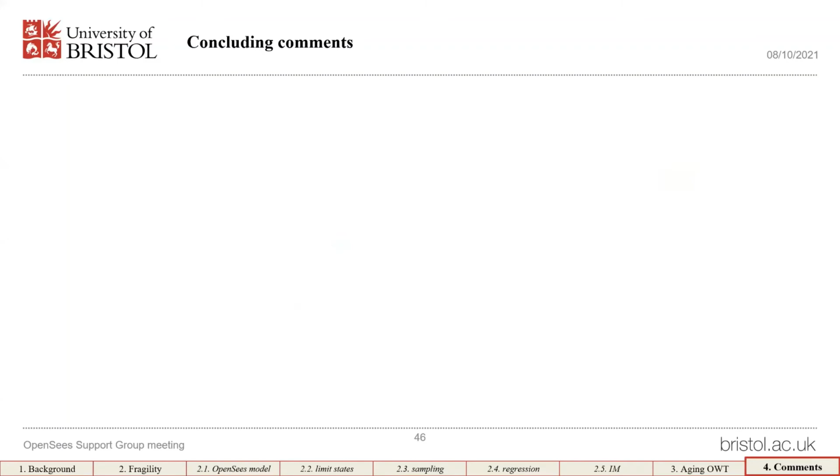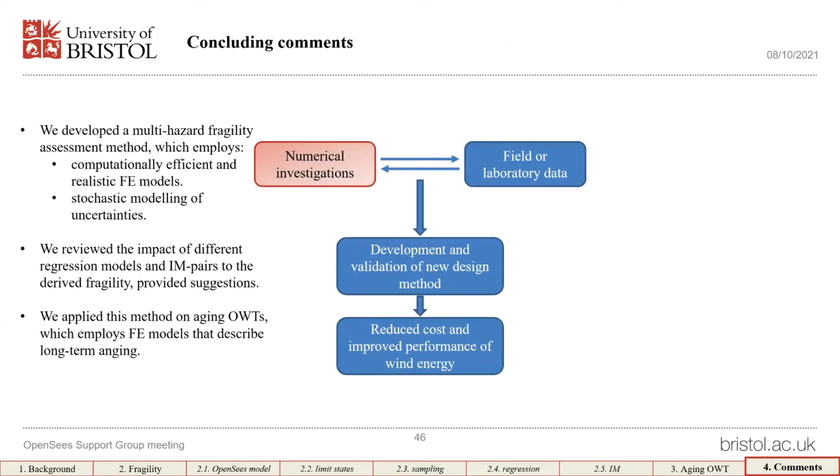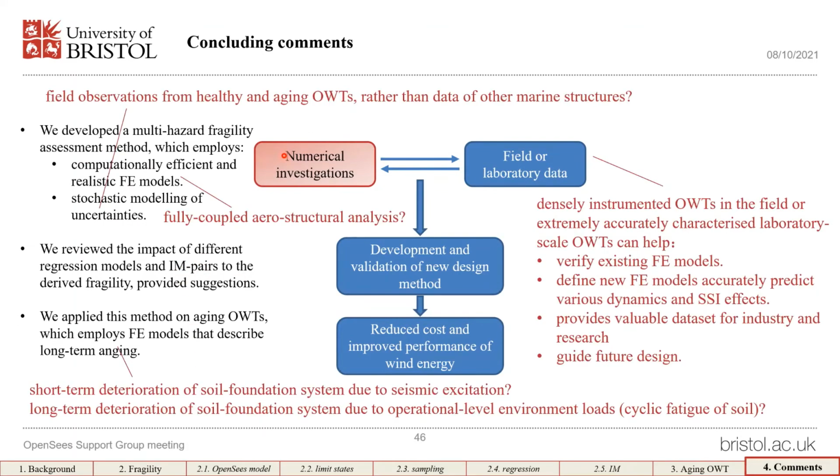So finally, the conclusion. Based on the experiences that we've gained from our work, a number of comments can be made. Firstly, the procedures of deriving fragility. In this procedure, can we improve our numerical models to allow for consideration of a fully coupled aerostructural analysis?